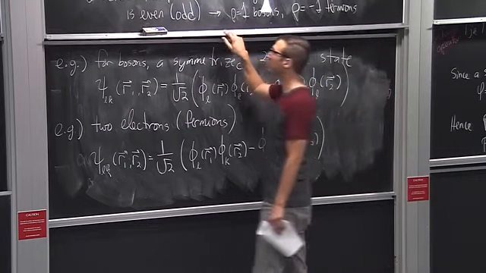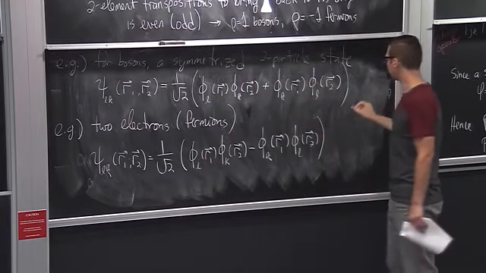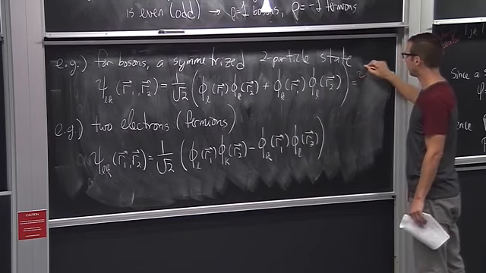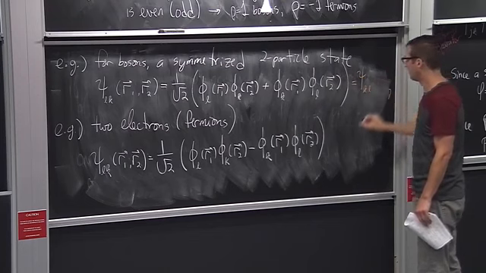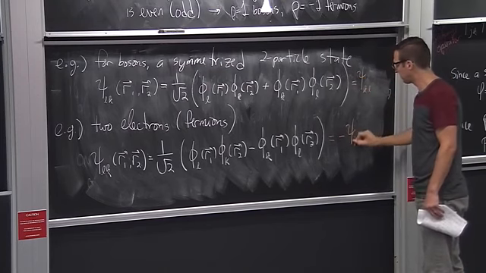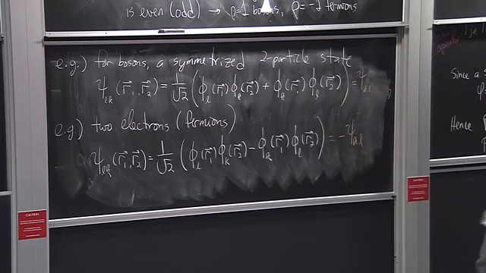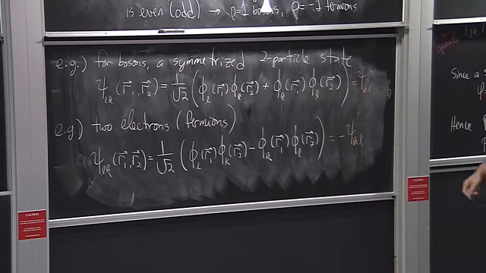So for bosons, LK is the same as KL, and for fermions, we get minus KL. That's what we required under the permutation operation. Simple as that.